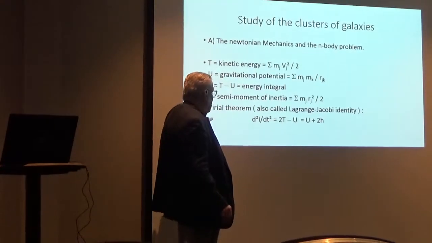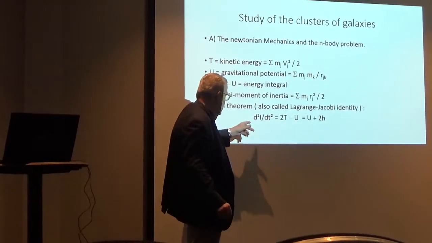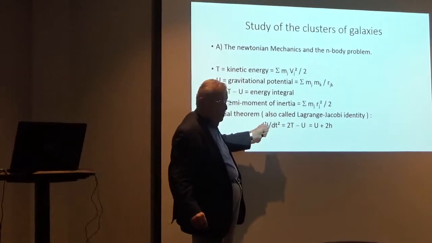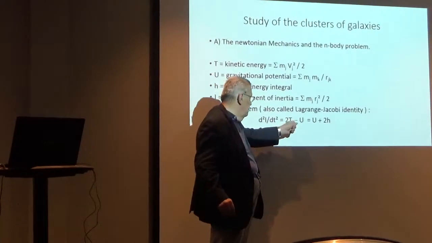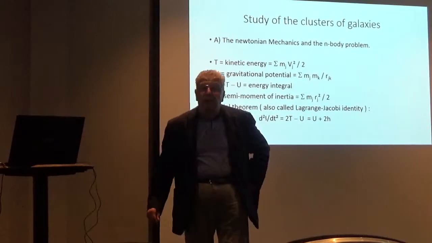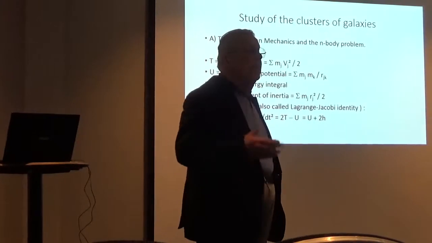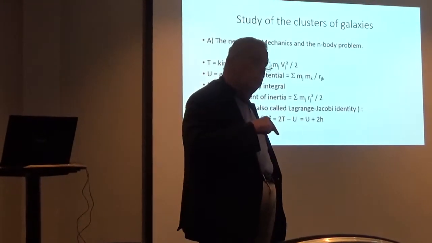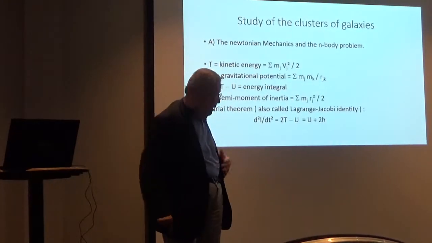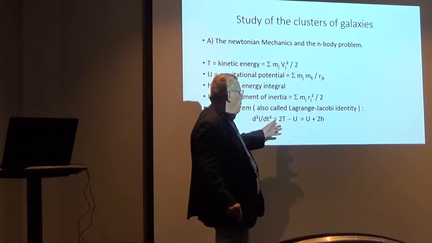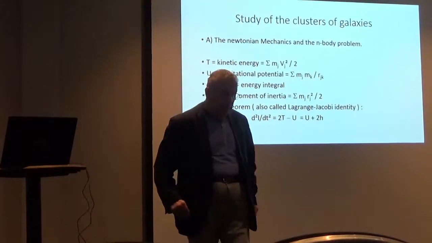The theorem, also called the Lagrange-Jacobi identity, specifies that the second derivative of the semi-moment of inertia is 2T minus U, twice the kinetic energy minus the potential. The potential energy is minus U, so it comes with a minus sign there. And this very general property was famous.